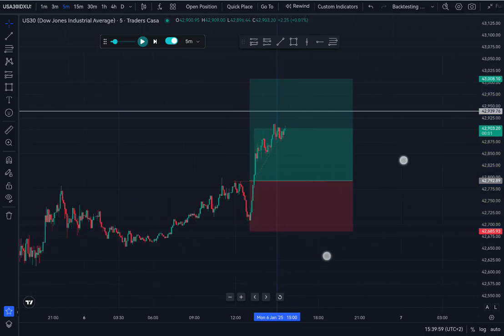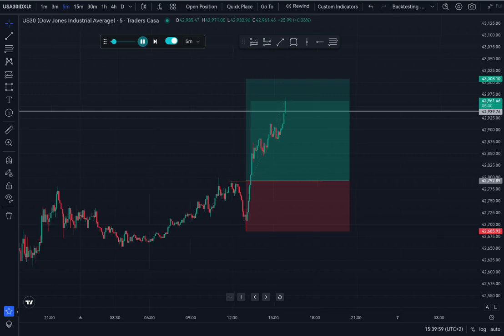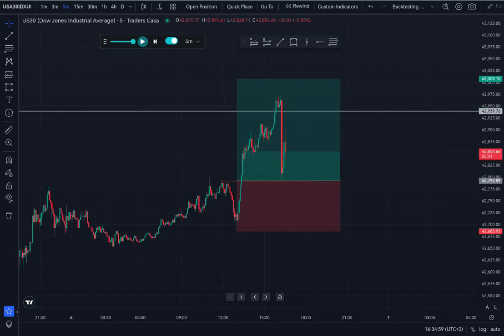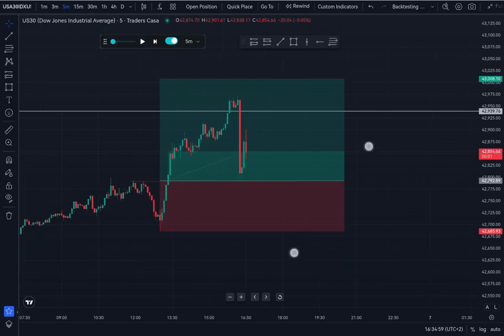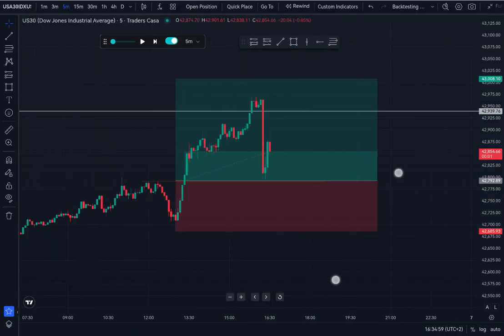Okay, we still have our buy side intact over there. It's not yet taken out. We took it out. That's not what I'm looking for. What's happening? Why do I overpress this thing? Okay, almost tapped in, but I love the fact that price came all the way back down.